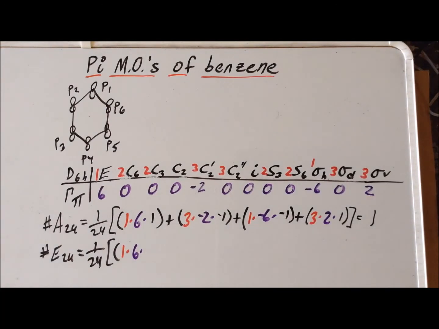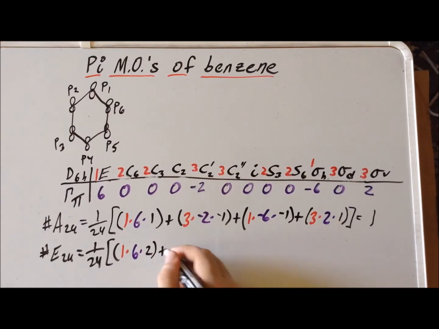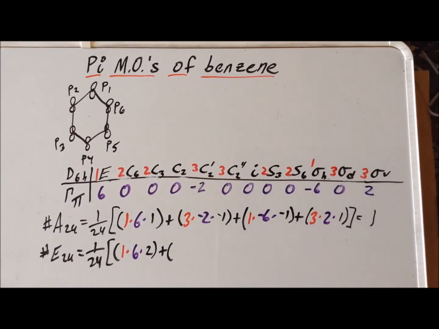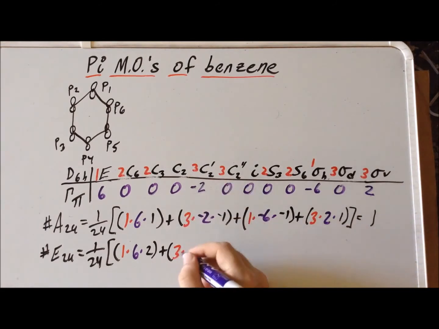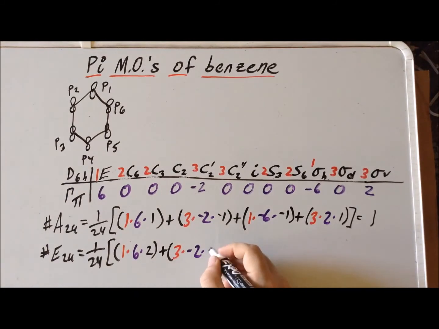And then the character from the irreducible representation for E2U is a +2. For C₂', there are 3 operations in the class. The character from the reducible representation is a -2. And the character from the character table for E2U is a 0.